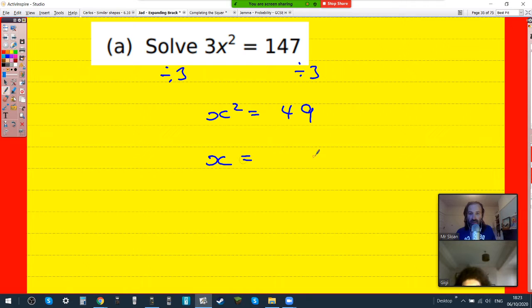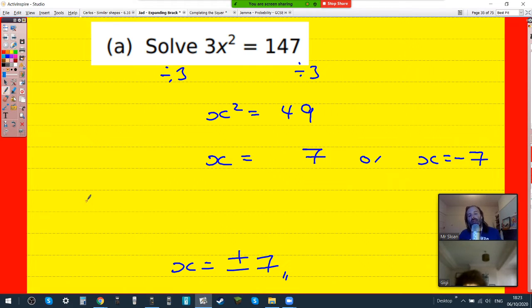Is there another very similar number that when you square it, you also get 49? Minus 7. Correct. x equals 7 or x equals minus 7. The short way of writing that is x equals plus or minus 7.